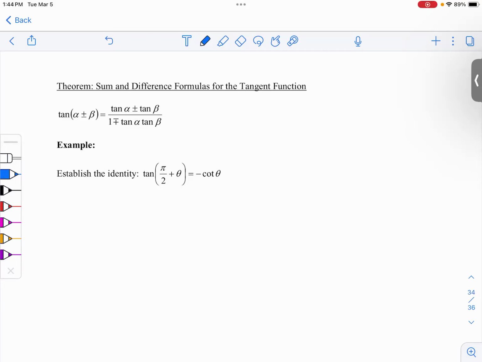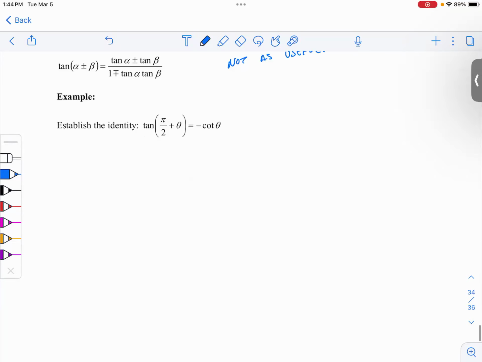In a similar fashion, okay, so I have kind of a variation on cat here. Tangent of pi over 2 plus theta equals negative cotangent. So that's almost cat, just a slight variation. But the whole point is that this is just not as useful. Because I don't think even turning this into that formula is going to help me.